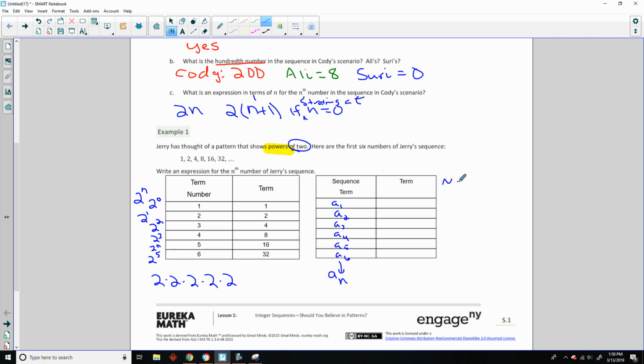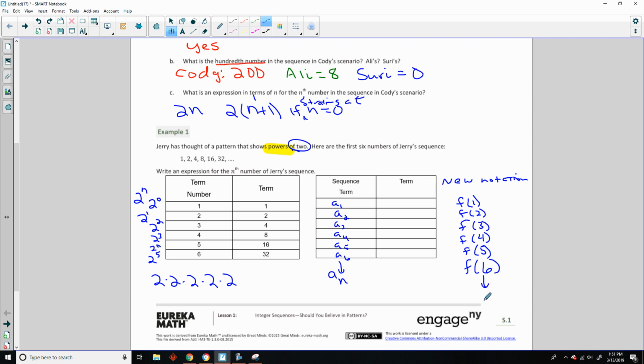So the new notation that we're familiar with is function notation. F of 1, F of 2, F of 3, F of 4, F of 5, and F of 6.